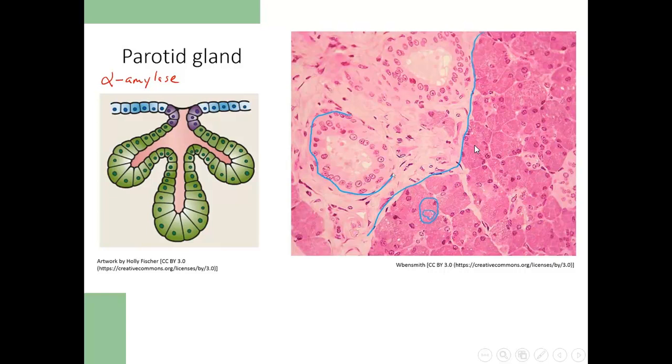Or we can see groups of cells, multiple groups here. We call these groups aggregations, and if they secrete, again their function is secretion. These are also glands.